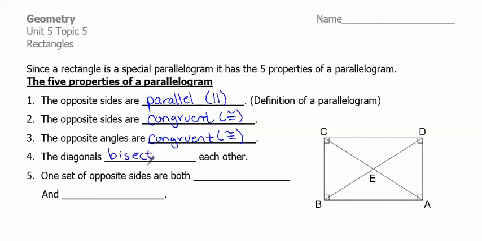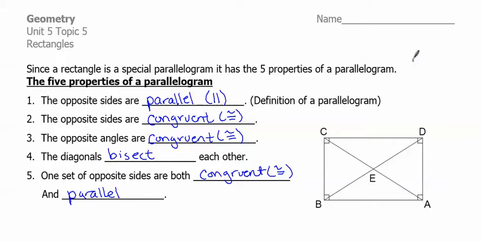That means they cut each other in half. One set of opposite sides is both congruent and parallel. So that's kind of another cool property. We already know all that stuff about rectangles because a rectangle is just a special parallelogram.